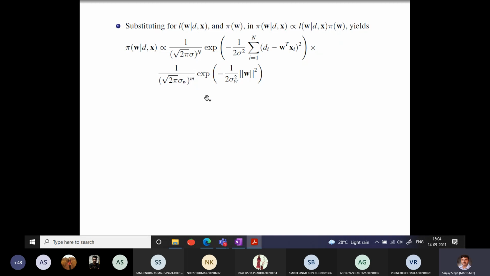Now when I multiply, these two terms are constant, whatever the value may be. Because of the constant of proportionality, we don't bother about these constant factors. We just write proportionality, ignoring these two terms, and this exponential is again a product of exponentials, so I can write it as the exponential of sums. So this plus this, this is what it comes out to be.